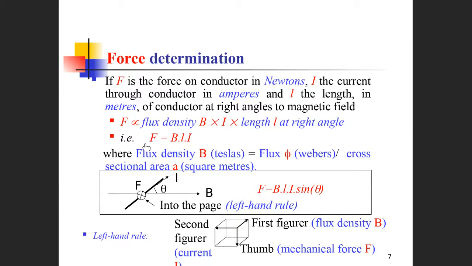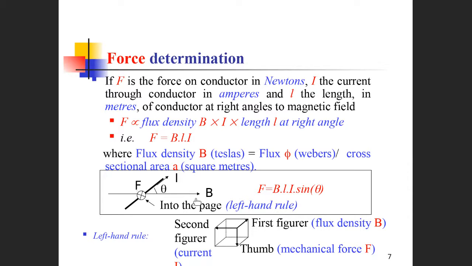The value of the force is the product of the magnetic field B, the current I, and the physical size or the length of the conductor. Another important parameter is the angle between the current and the magnetic field.